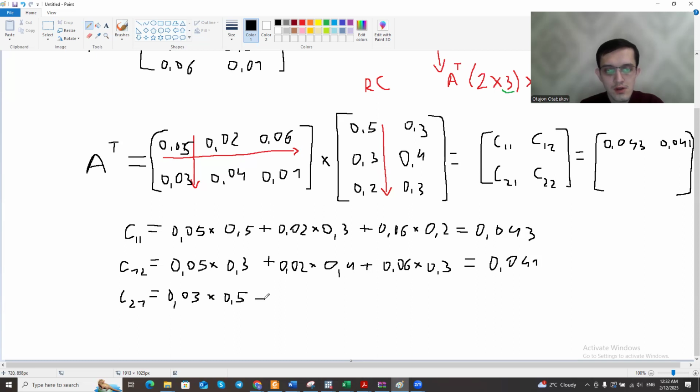Then I add second element of the second row of the matrix A, which is 0.04, and then multiply by second element of the first column of the matrix B, which is 0.3.